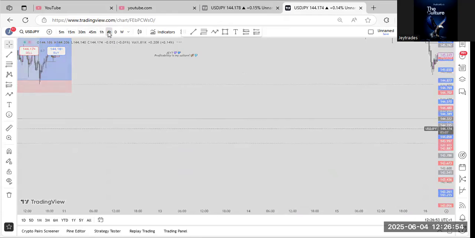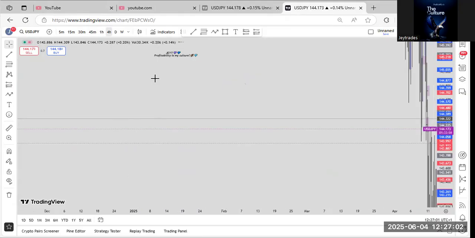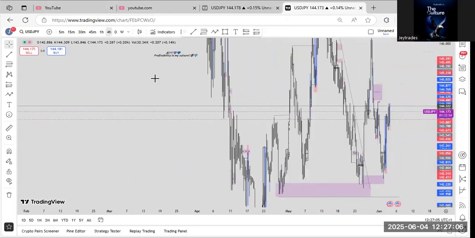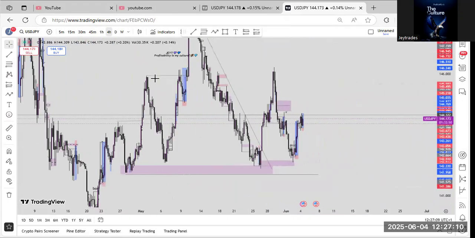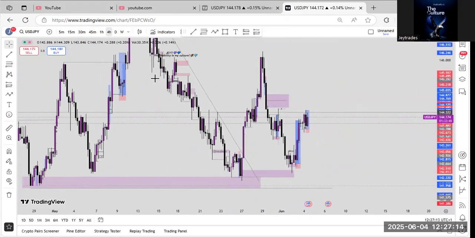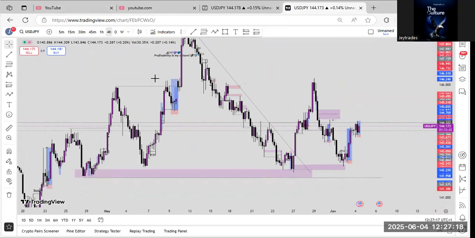You should know that the lower time frames are always trying to align with the higher time frames. All the time frames are trying to align with themselves. So higher time frames are the most valid time frames. Not that the rest are not valid, but higher time frames are the most valid.